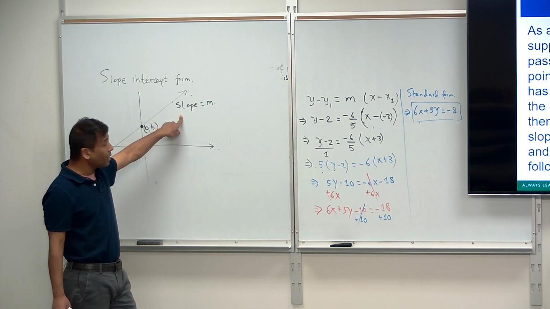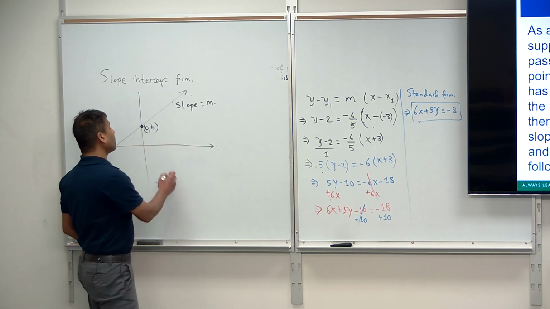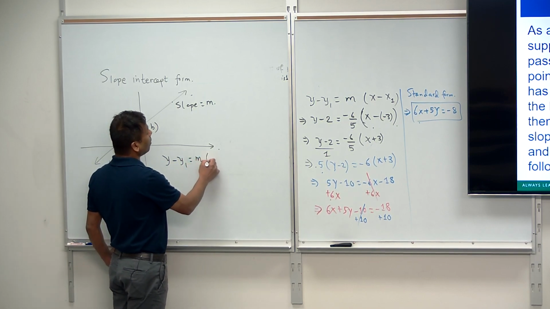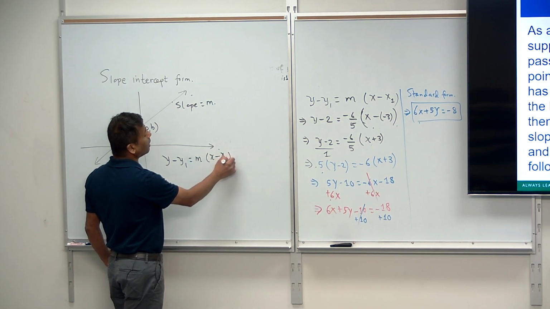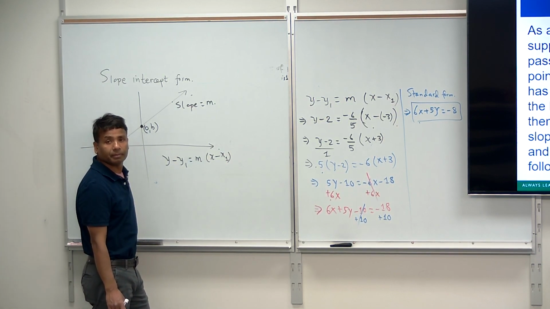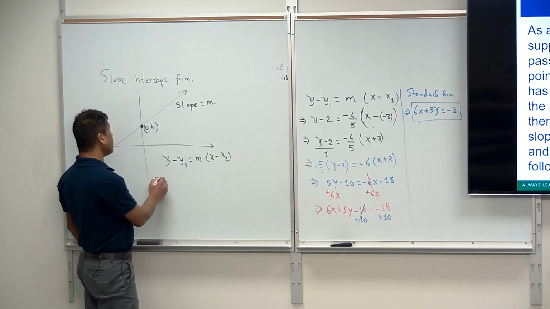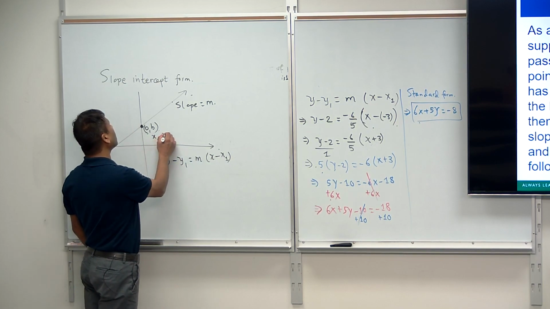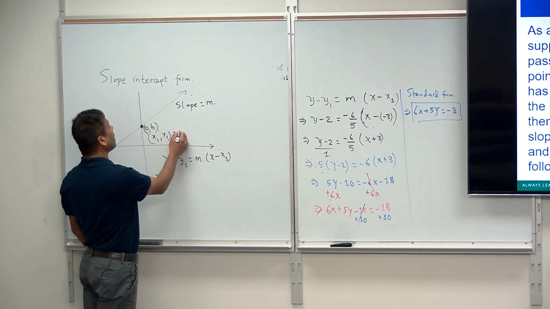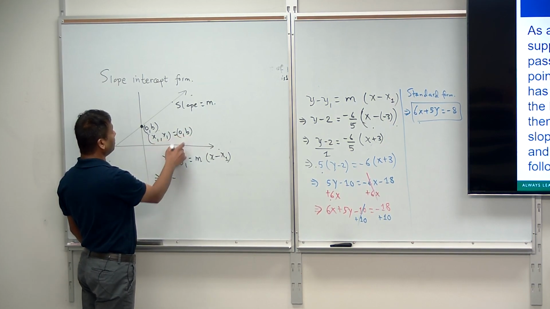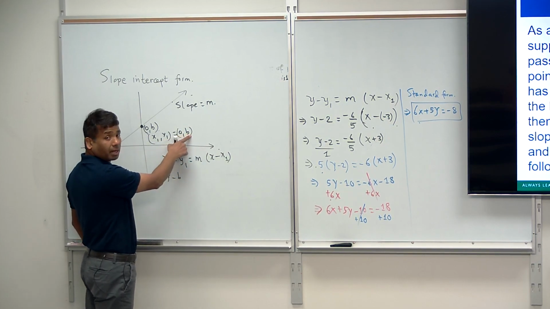If the slope of this line is m, remember, the equation of the line in point-slope form is y minus y1 equals m times x minus x1. But it passes through the point (0, b), so if you consider this point as (x1, y1), then y minus, what is your y1? b.